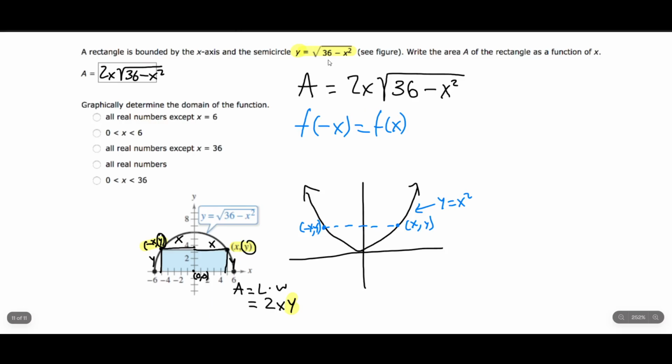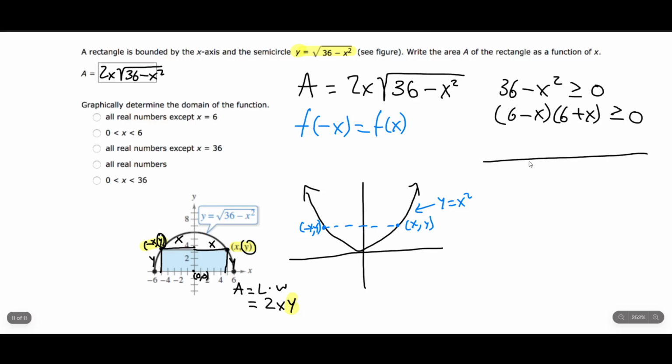So now thinking about this here, we could say 36 minus x squared greater than or equal to 0. This is then a quadratic inequality, 6 minus x times 6 plus x, greater than or equal to 0. We can do our little test here. This should be a closed circle here.